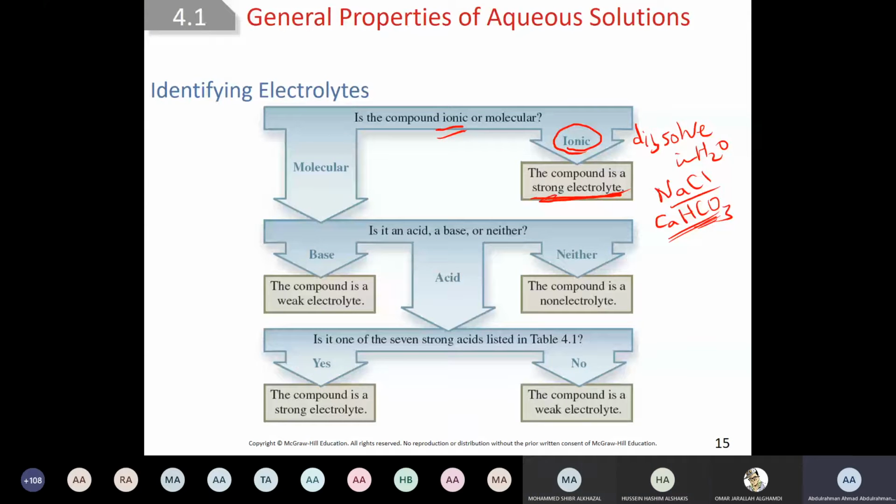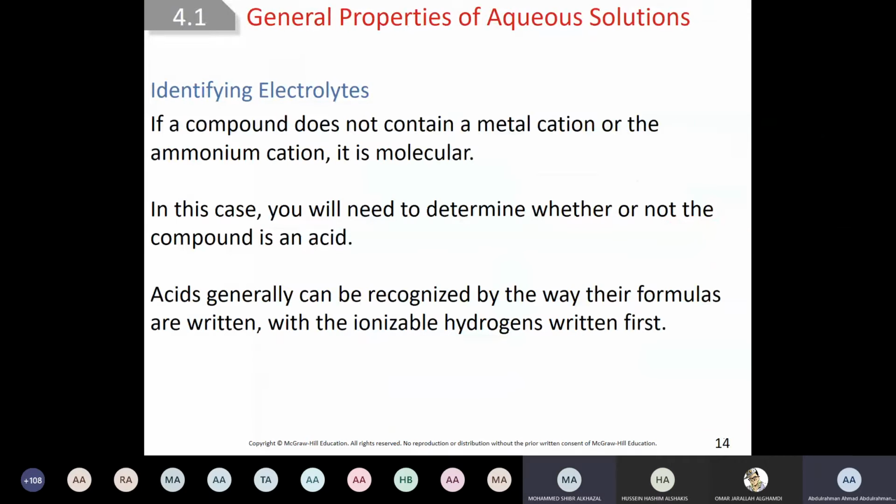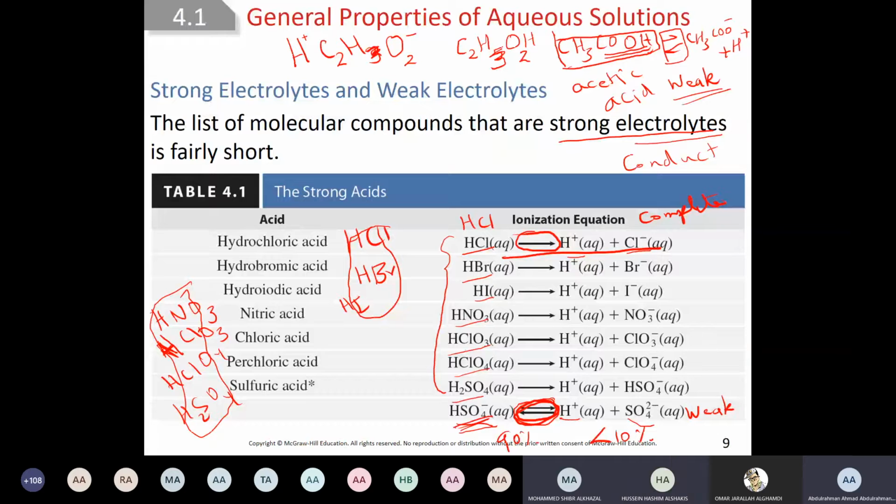Now, molecular compound means not ionic. You should ask yourself, is it acid or base or neither? Okay. If it's an acid, and it is one of the strong acids, one of these seven acids that I gave you here, then it will be what?